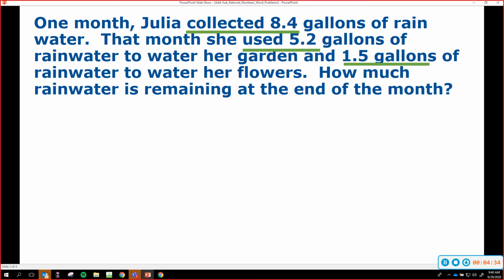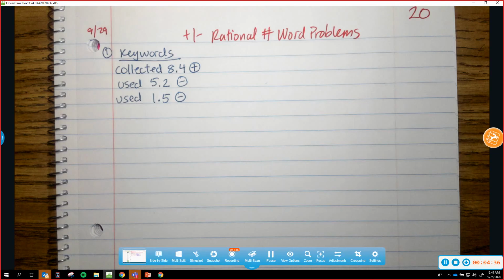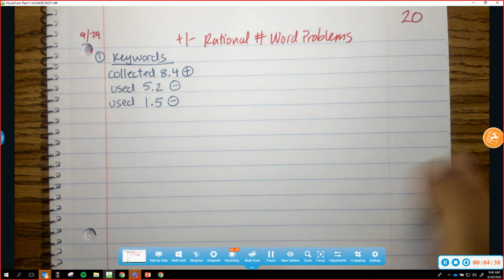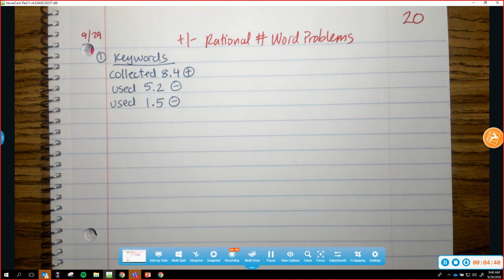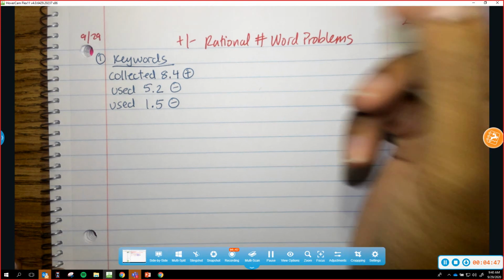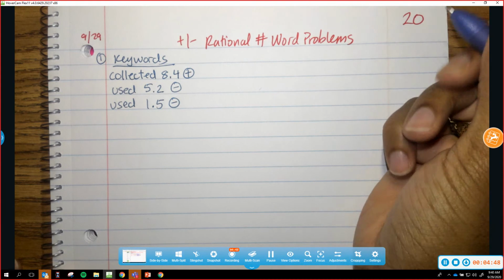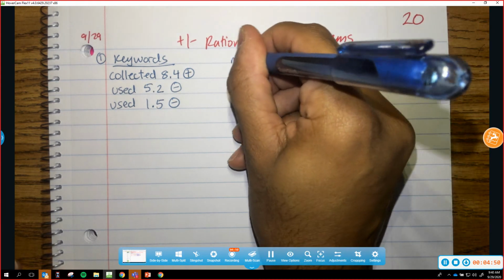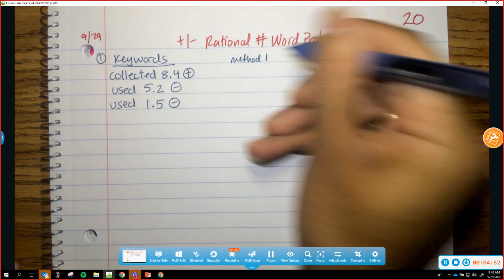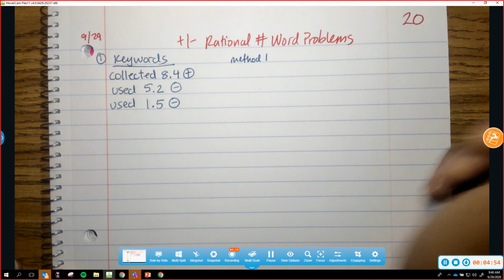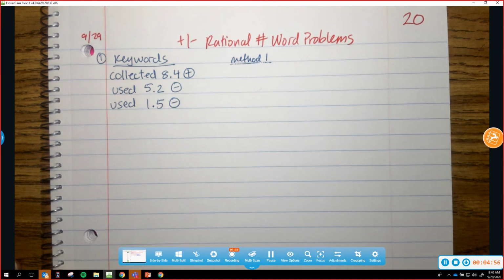Now for this type of problem, there are multiple ways you could do it. Okay? So I'm going to show you two ways. One echoes the way that Tolene mentioned, and one is another way to think about it with our positive and negative numbers. So for example, I'm going to go with the first way that Tolene mentioned. Now this isn't exactly how she said that she would do it, but it's the same thought process. So one thing to keep in mind is, yes, there are multiple ways you could do it, right?